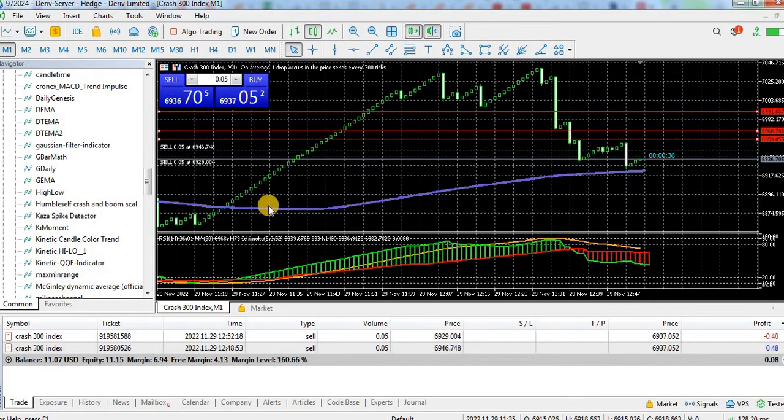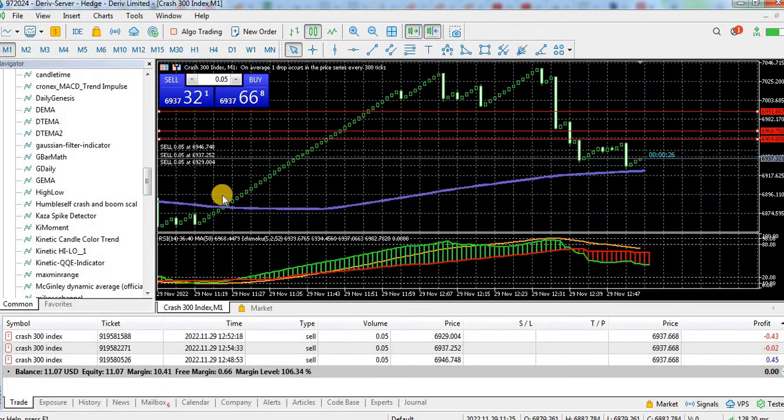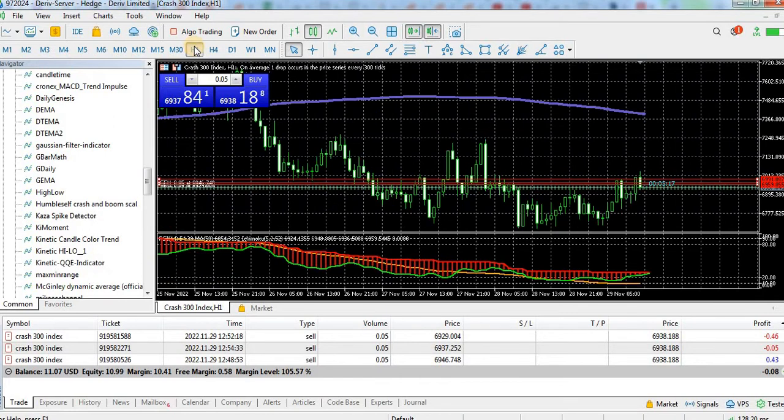Are you getting it now? And here you see we're in a minor downtrend, a minor downtrend here. So let me enter more and let's see what's going to happen next.